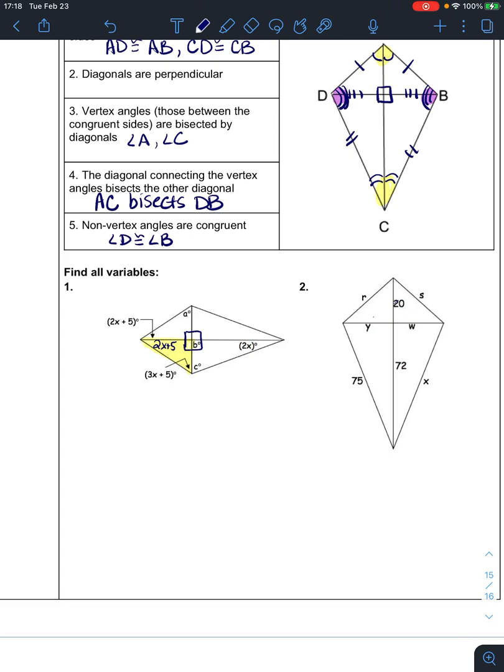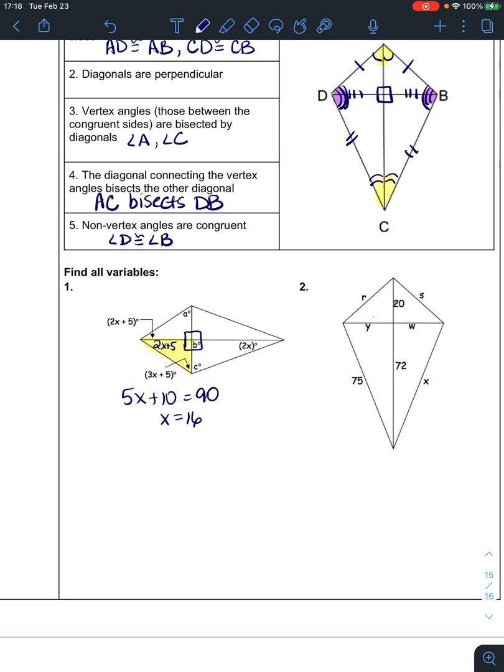So what I know is that those other two angles are complementary angles, so 2x plus 5 and 3x plus 5 have to equal 90 degrees to finish out that right triangle. So 5x plus 10 is equal to 90. So when you solve for x, you get 80 divided by 5, which is 16. So you get that x is equal to 16.